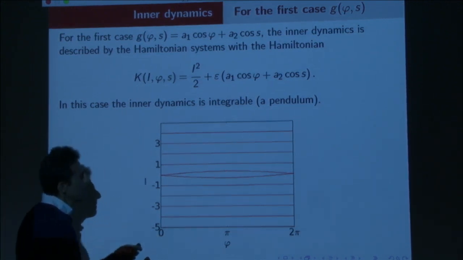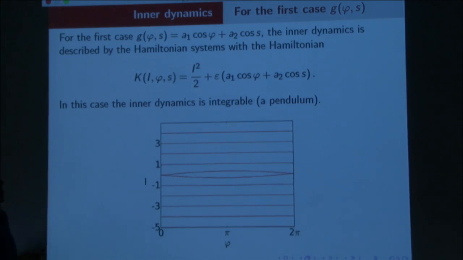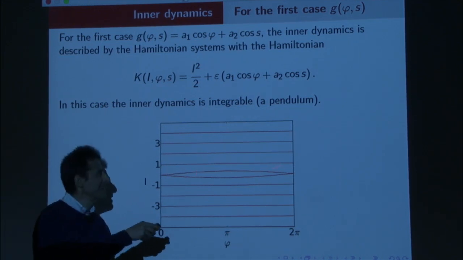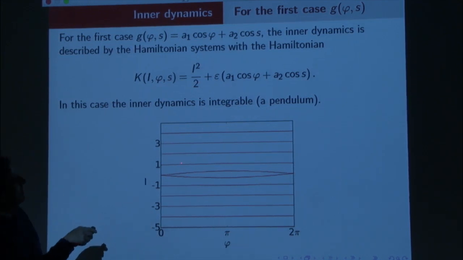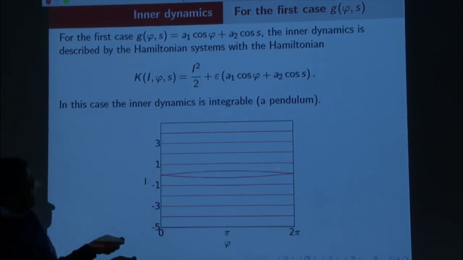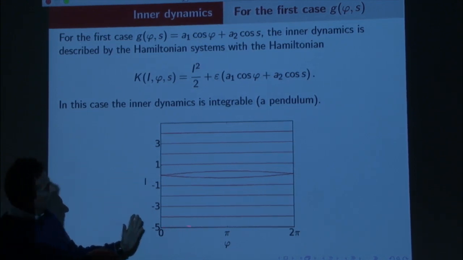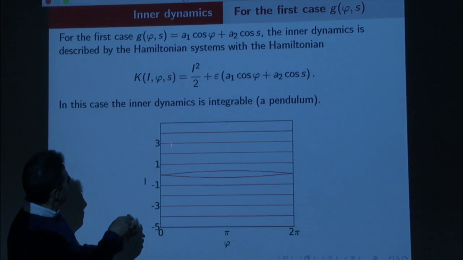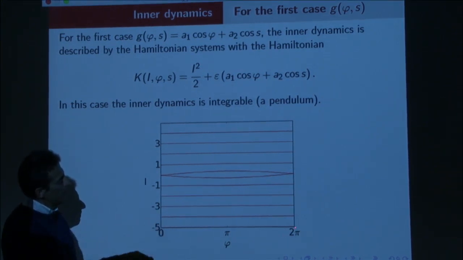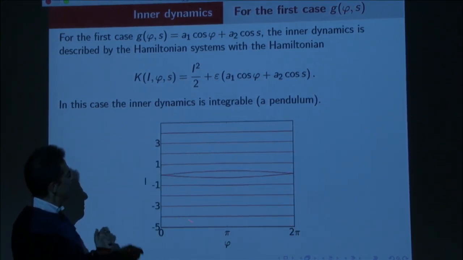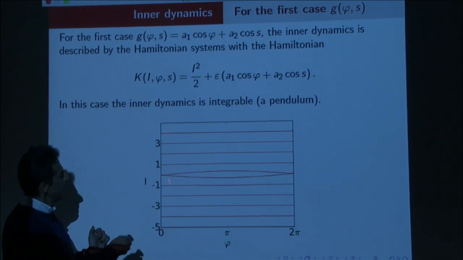So anyway, what is important in all the inner dynamics is that this dynamics is always, as we say, very horizontal. I'm drawing here the Poincaré map, because I'm not drawing the 3D object, but only a Poincaré map. And because of this, the S is not appearing here.